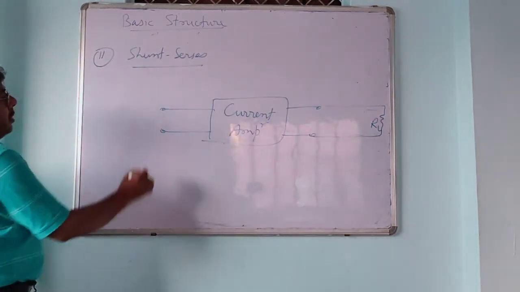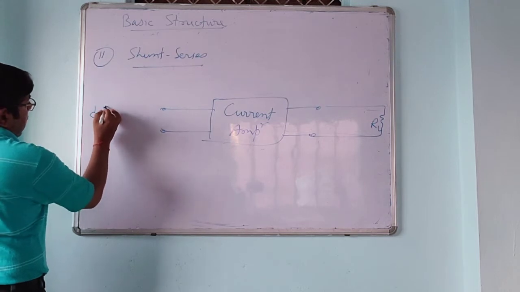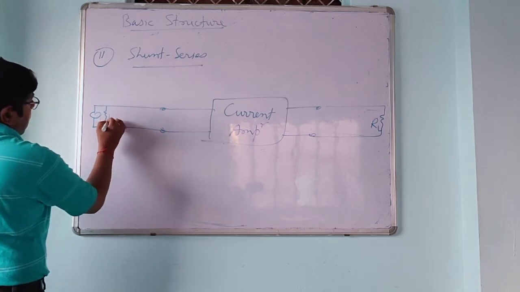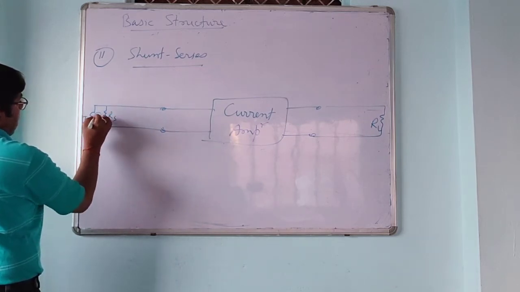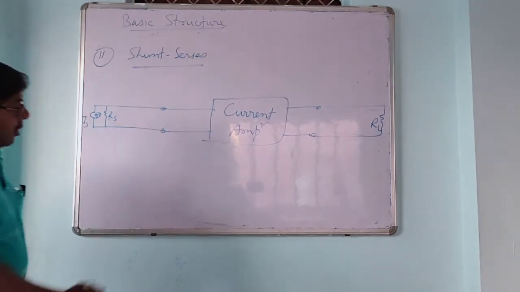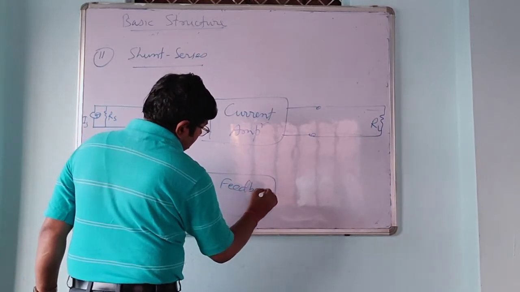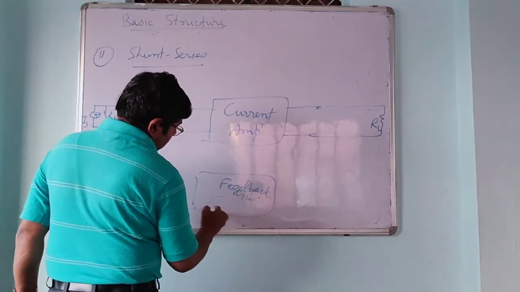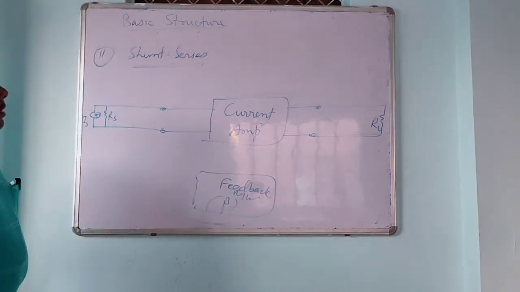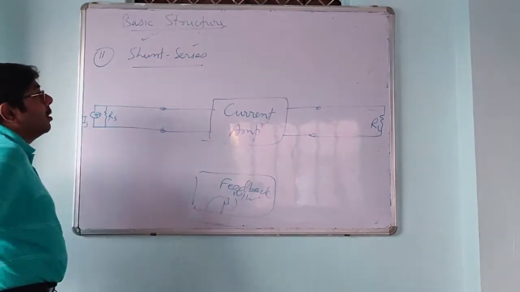At the input, we have a current source. Current source means like this. This is the IS, current source with a parallel resistance. We have a feedback network, feedback factor beta.